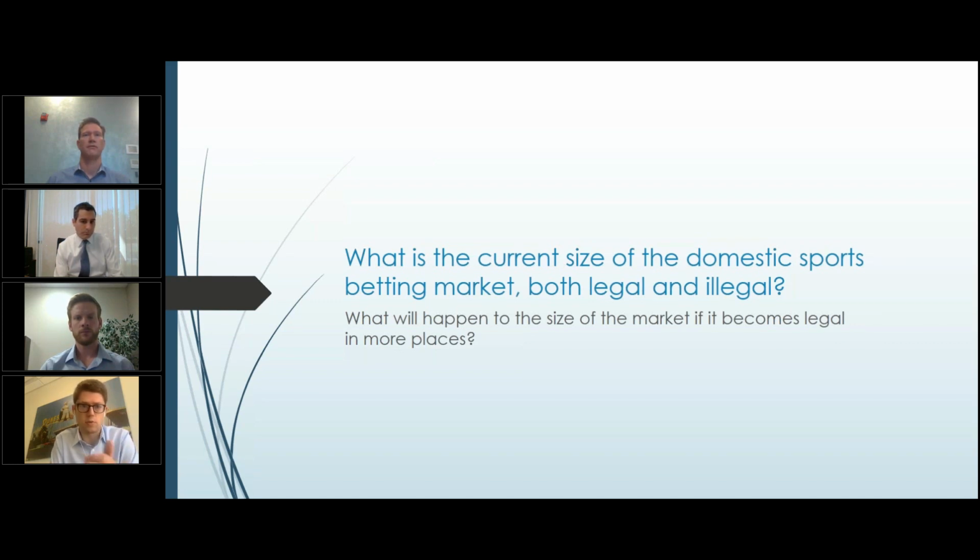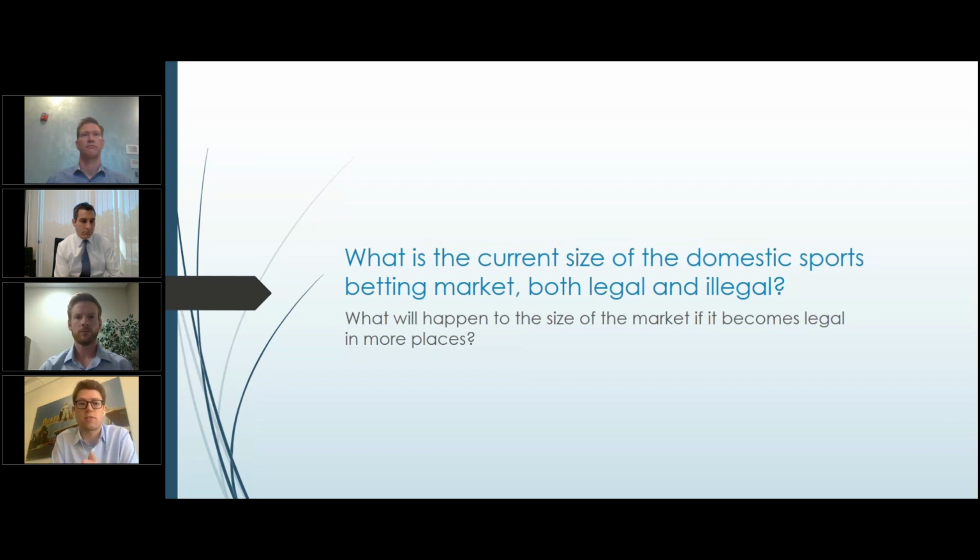And then speaking to Dan's other point from earlier, you have the illegal market, which we estimate to be in the high 90s. I think our estimate is around 97% of the entire sports betting market in this country. Those numbers, because they're such a larger proportion of the overall pie, are much higher. We have AGA's own estimates, but you don't have to take our word for it. Look at Ernst & Young, look at H2 Gambling Capital, look at Eilers & Krejcik.